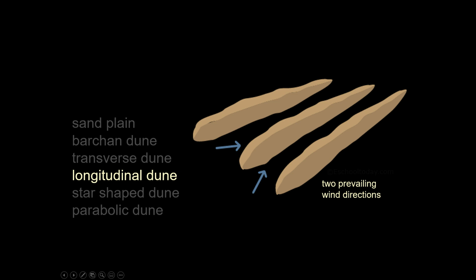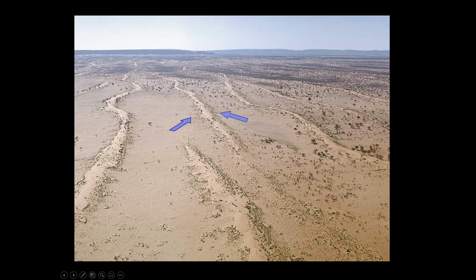So this wind direction changes a little bit, and it creates that ridge line along the top of the dune. There may be some vegetation involved in these longitudinal or seif dunes. I've added the blue arrows there so you can picture the prevailing wind direction changing a little bit depending on the season.